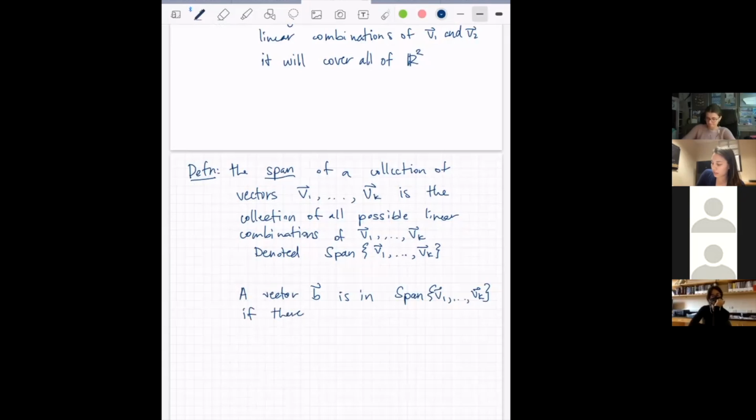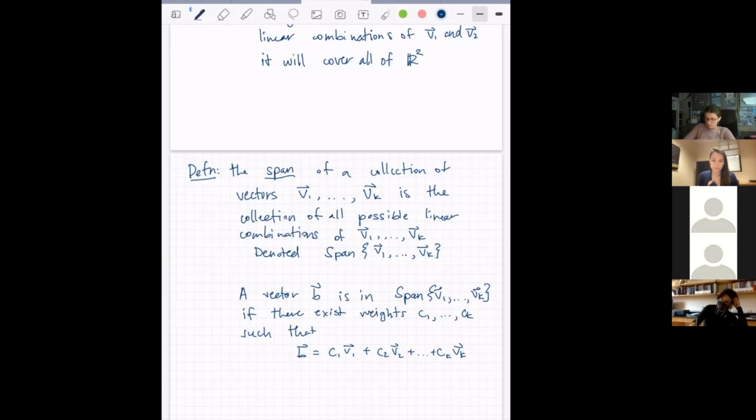So if there exist weights C1 up to Ck such that we can write B as that linear combination, C1 times V1, C2 times V2, up to Ck times Vk, like that.